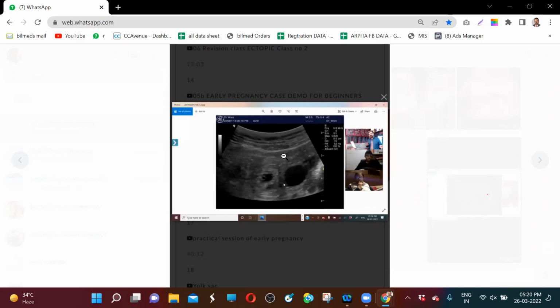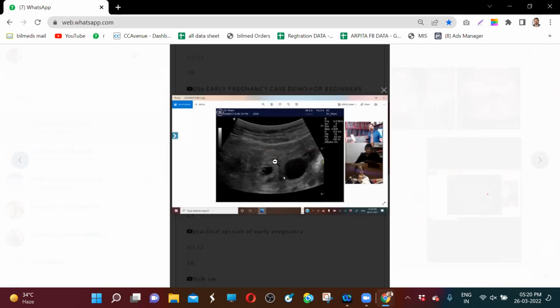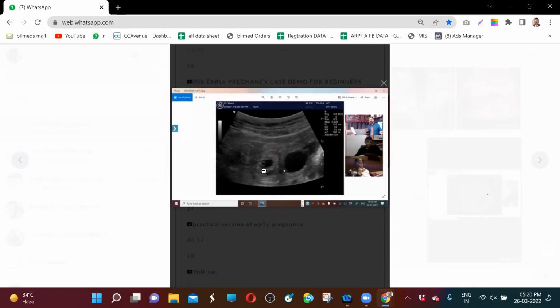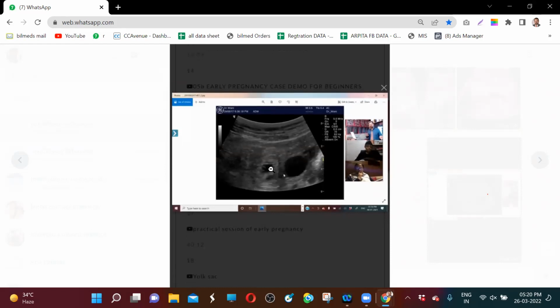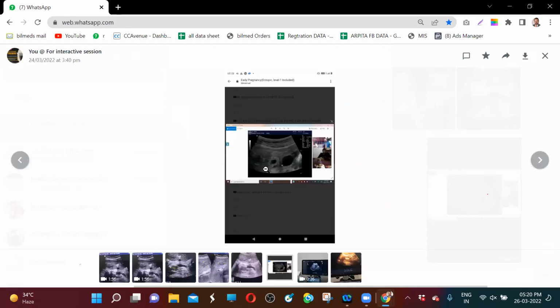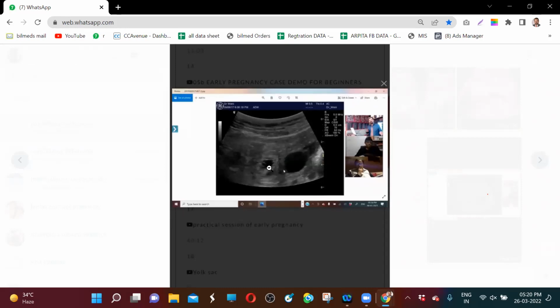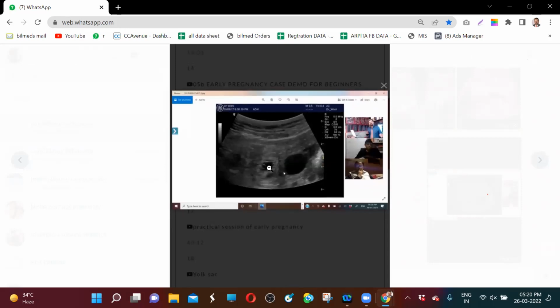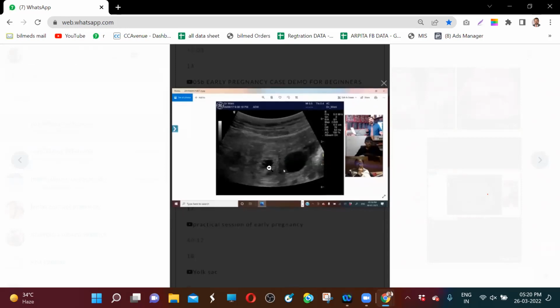Yes, sir. Dr. Vikas, there? Yes, sir. Now see, I showed in the course, this is the gestational sac in the adnexa. This gestational sac is having a yolk sac. Dr. Durgesh is getting confused about why there is a yolk sac in this extrauterine pregnancy.